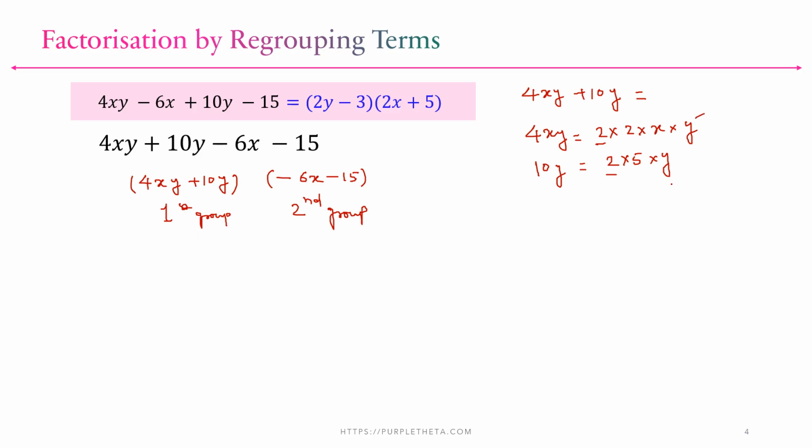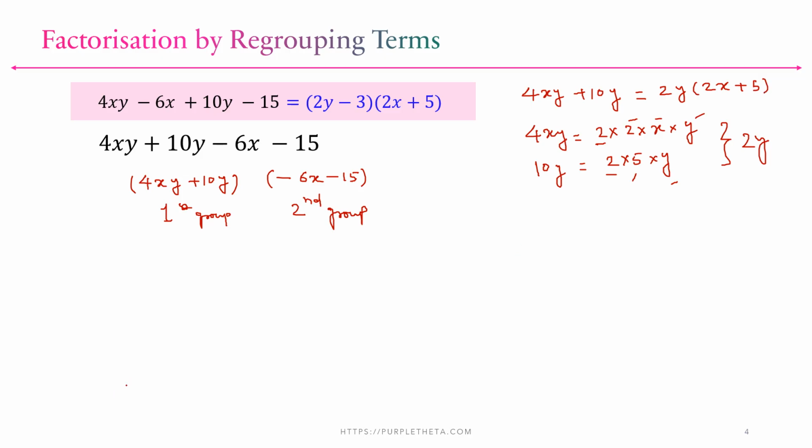So the common factor is 2 multiplied by y, that is 2y. We take 2y out, so 4xy plus 10y is equal to 2y times, in the bracket, 2x from the first term and 5 from the second term.